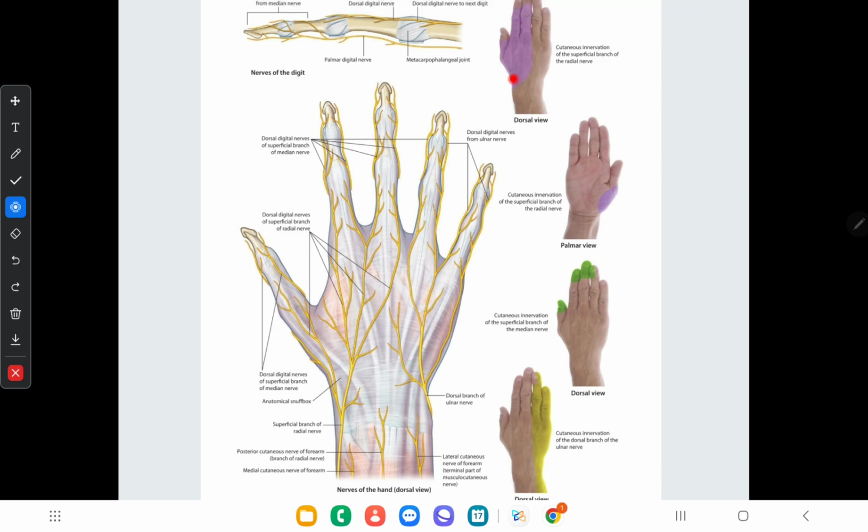Then it also supplies the posterior surface over the proximal phalanges of the lateral three fingers. Here you can see these are the lateral three fingers. This superficial branch of the radial nerve supplies the posterior aspect of the lateral three fingers as well.